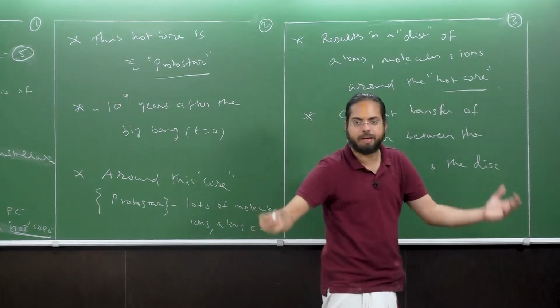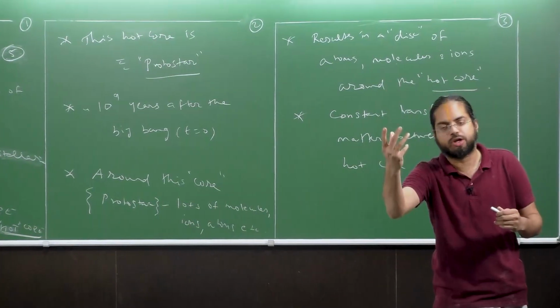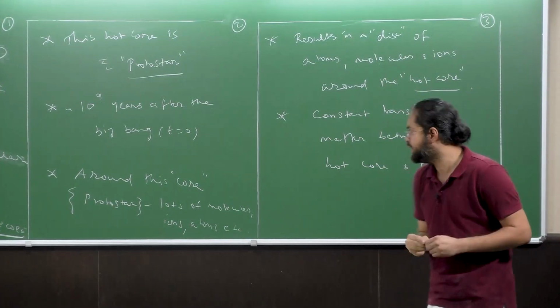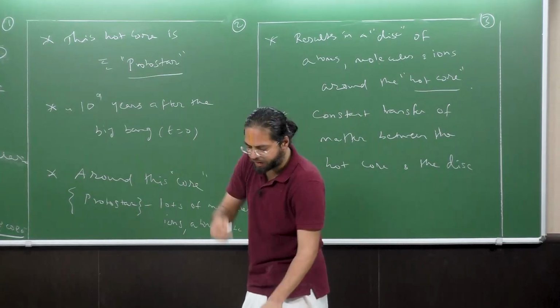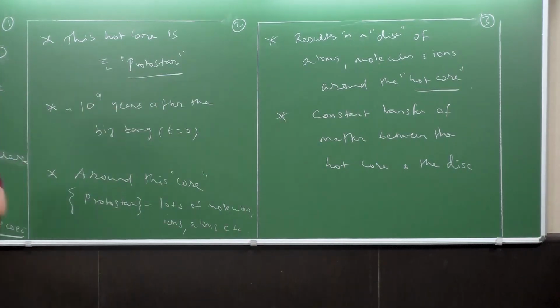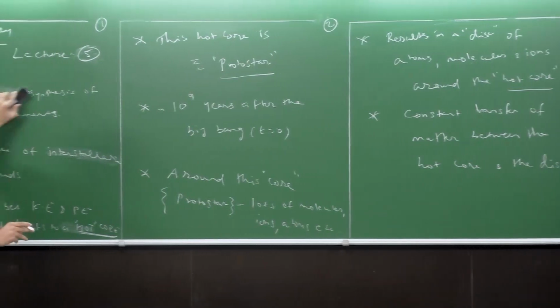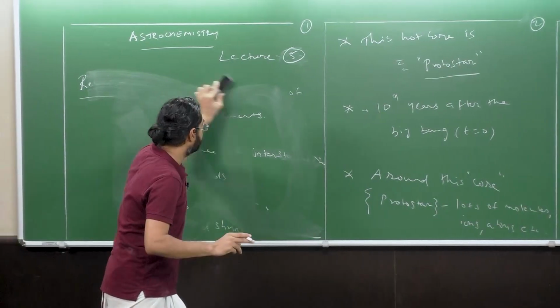I mean, this is to be expected, because there are some molecules and ions as part of the core, and there are some molecules and ions as part of the disk itself. So there is constant transfer of matter between the core and the disk. Now, what molecules become part of the core and what become part of the disk? That is critical to how molecules evolve in space. We shall look into that.